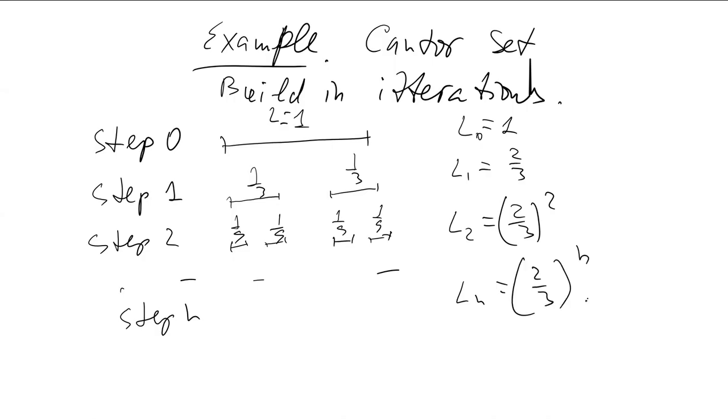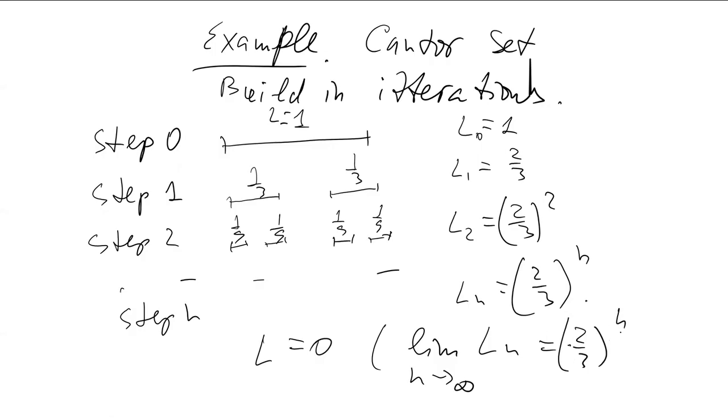What we see is that L is 0. L is the limit of Ln when n tends to infinity. And this equals 2/3 to the power of n when n tends to infinity, and this is 0.